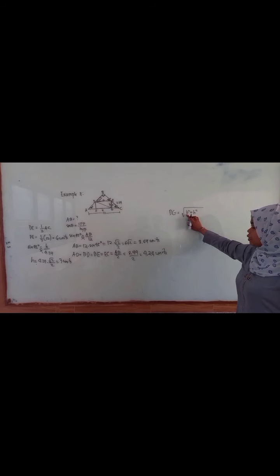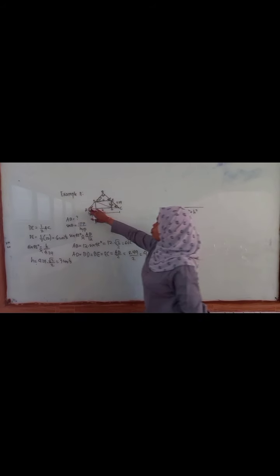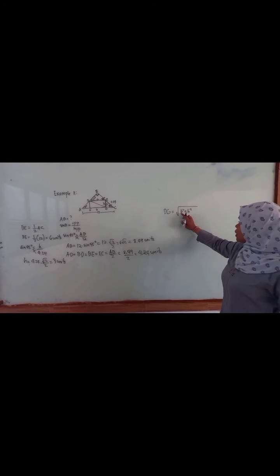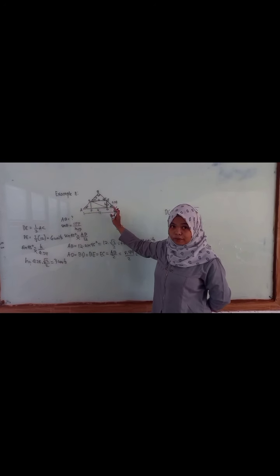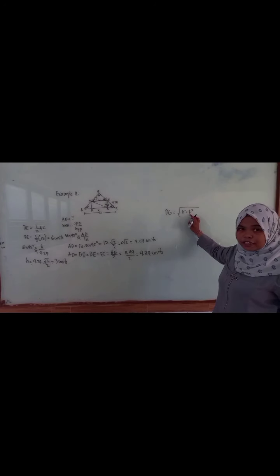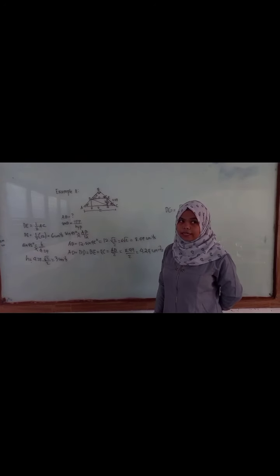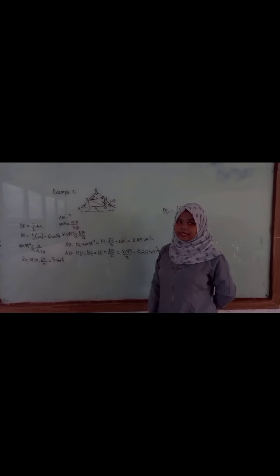The b here is the base of the rectangle, since that is what we are finding the diagonal of, not the base of the triangle. The edge is the height of your rectangle and not the height of your triangle, because we are finding the diagonal of the rectangle.